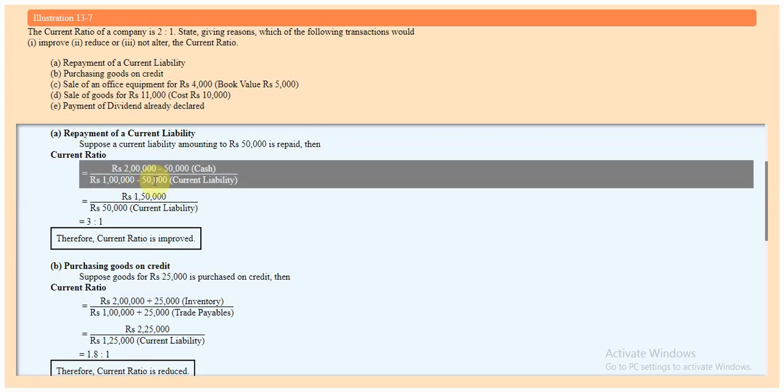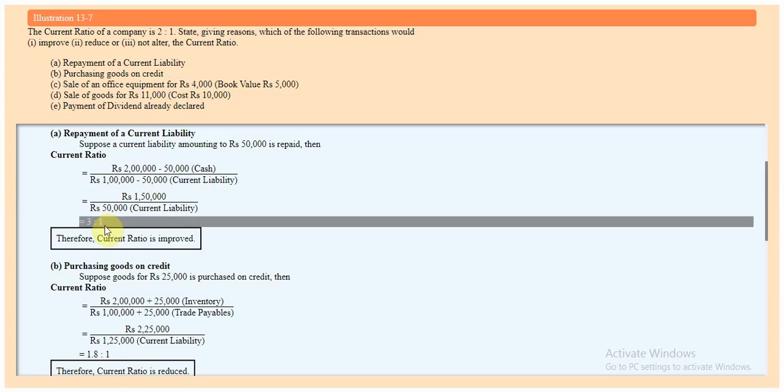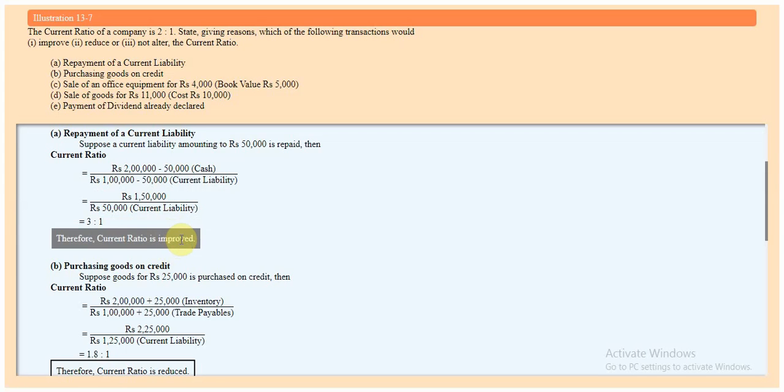Then current liability also has to be reduced because they are repaying a current liability. So current liability has to be reduced by 50,000. So we have 1,50,000 as current assets and 50,000 as current liability. So the ratio becomes 3:1, whereas previously we had a ratio of 2:1. Therefore, what has happened to the current ratio? The current ratio has improved, or it has increased.